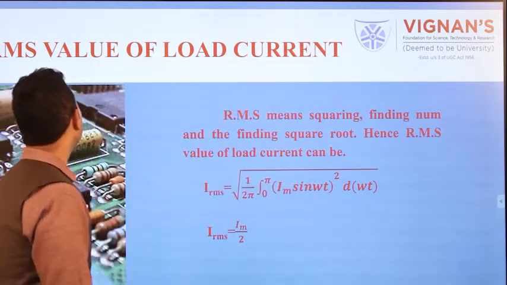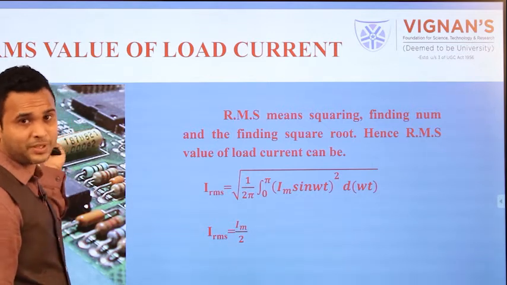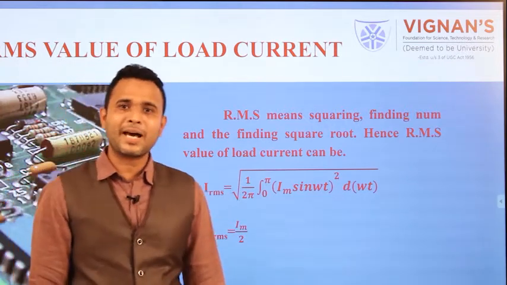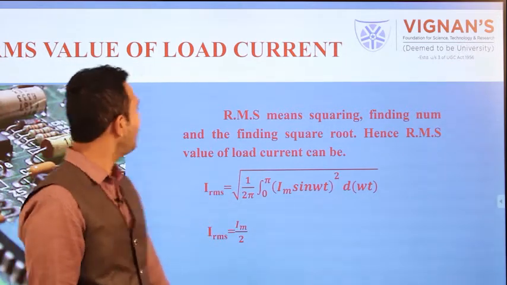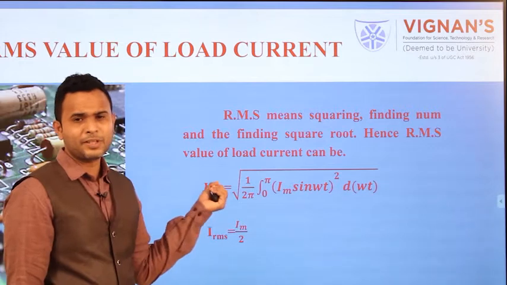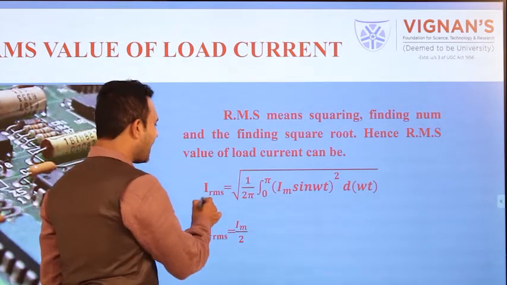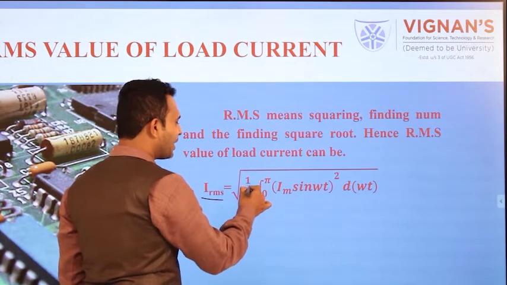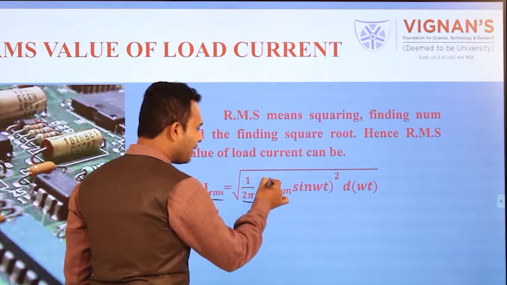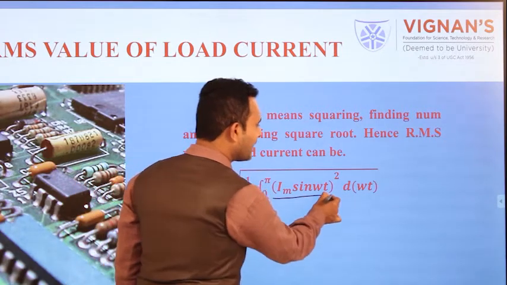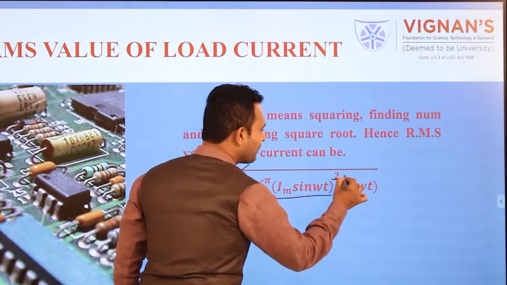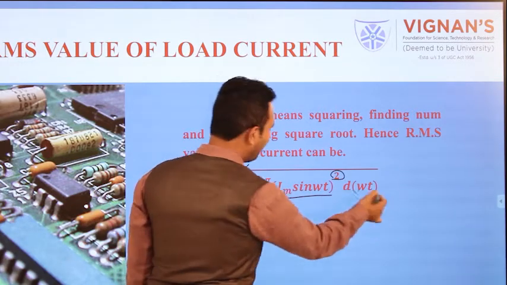With this regard, I am going to the next expression, that is the RMS value of the load current. What is meant by RMS? Root mean square value of the load current. Here the current is squared, so IRMS is equal to the square root of 1 by 2 pi, integrated from 0 to pi, of Im sin omega t whole squared, d omega t.